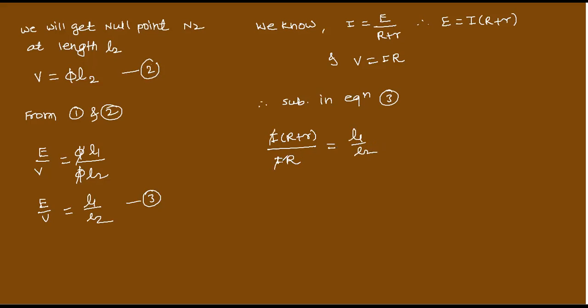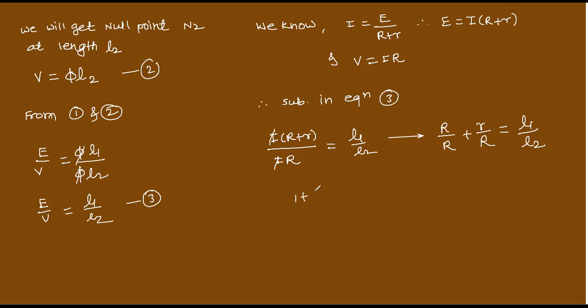This I and this I will get cancelled. Next step, I am separating the denominator. So this is R by R plus small r by capital R is equal to L1 by L2. This is 1.